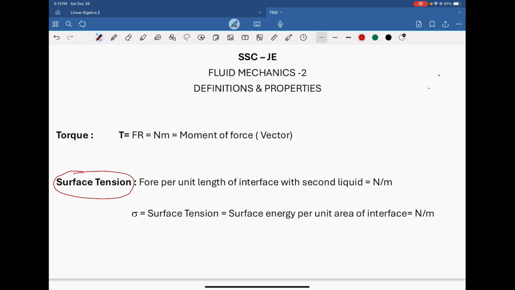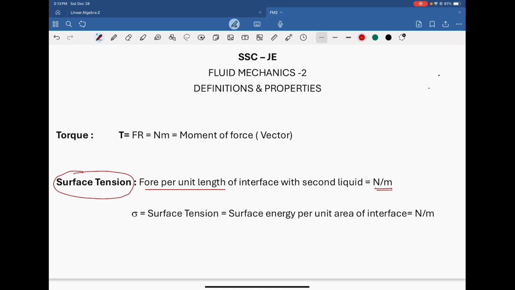I have written surface tension as force per unit length. Surface tension is force per unit length. That is measured in Newton per meter.